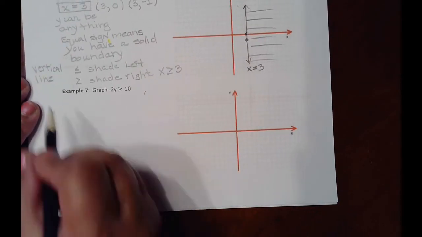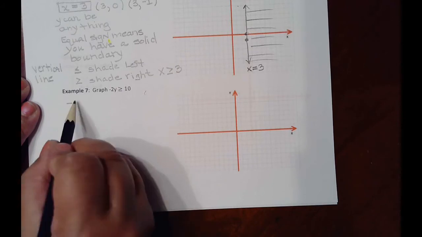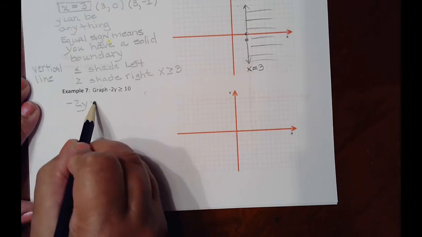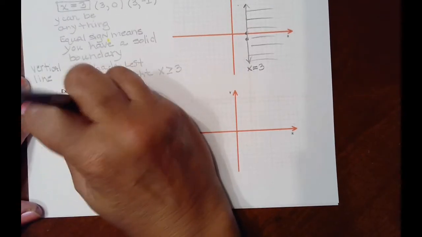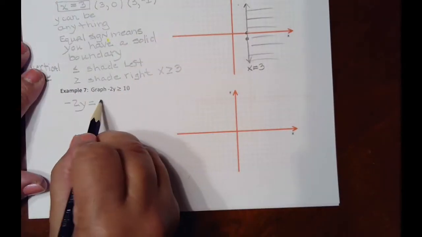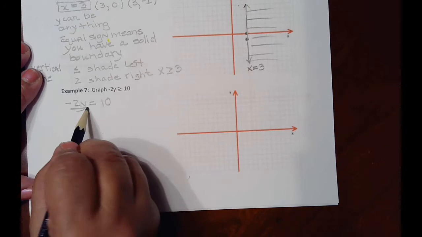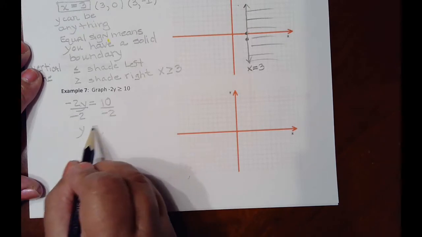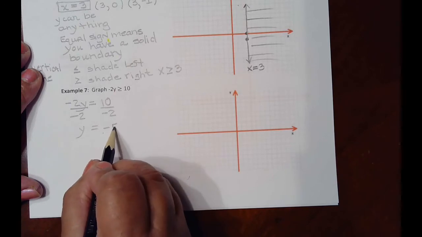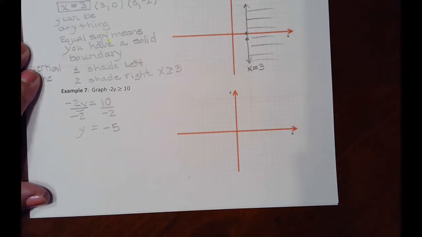This time we're going to first get the boundary line for negative 2y is equal to 10. I'm going to divide by negative 2 here, divide by negative 2 here, and I get y is equal to negative 5. Once again, you're missing a variable here.